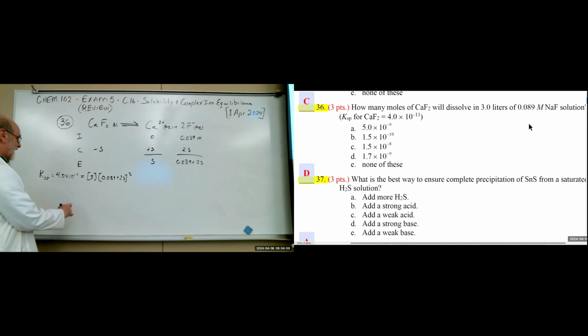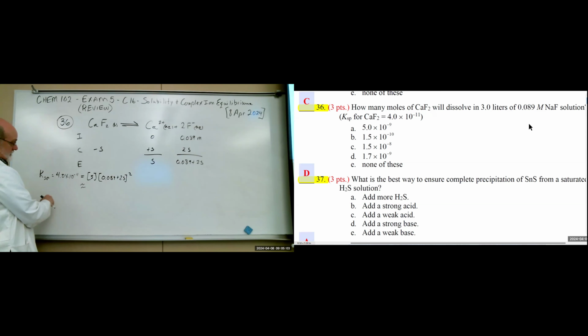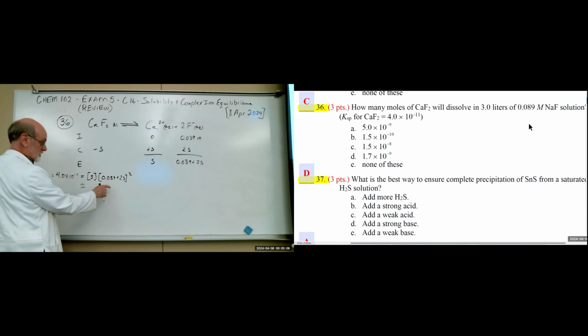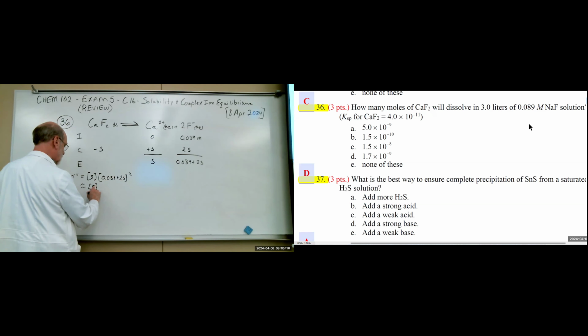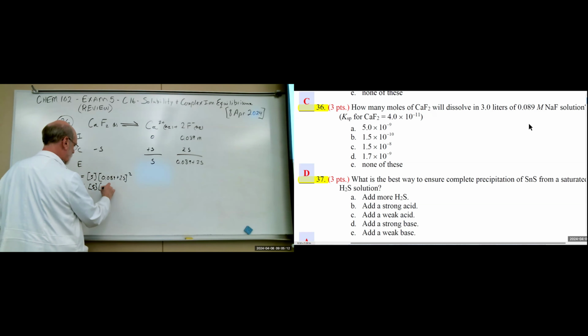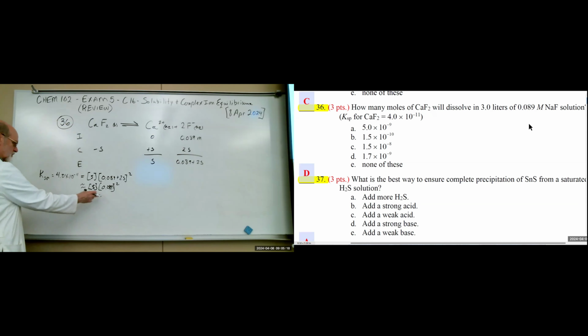Now, can we say that this is going to be small? I think we can. We're going to say this is so small that it's actually 0.089 squared. So I'm going to square this, divide it into that, and find out what the solubility is.